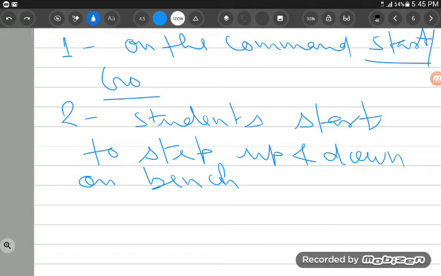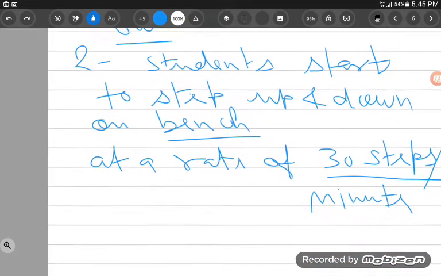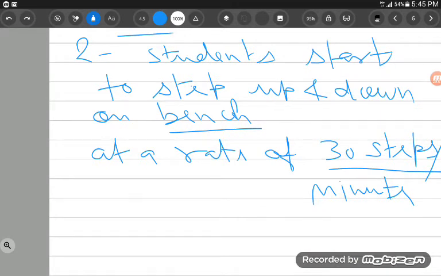And it should be at a rate of 30 steps per minute. Means each minute you will step 30 up and 30 down. Each time you step 1 up and 1 down, you will count one stepping.